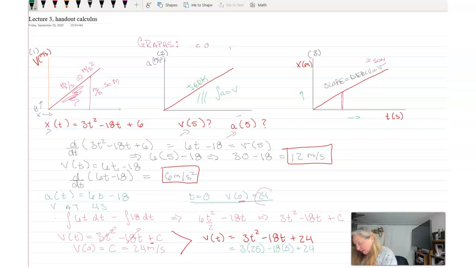So how fast am I going? 3 times 25 minus 18 times 5 plus 24 gives me 9 meters per second. And there you have it.